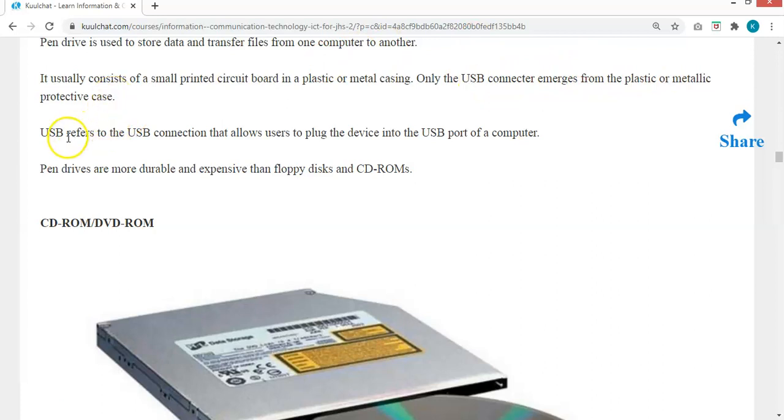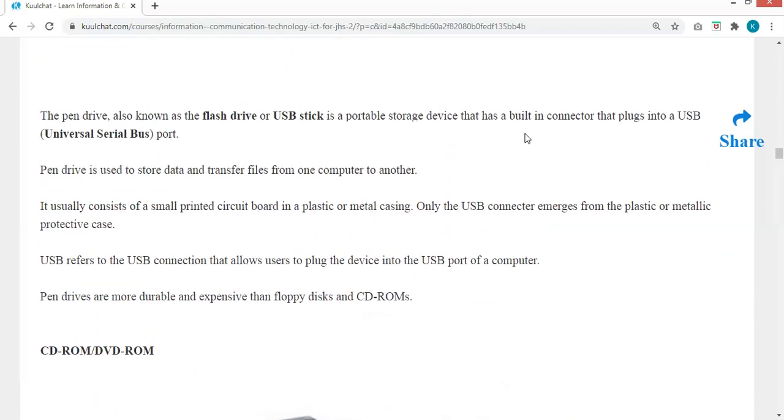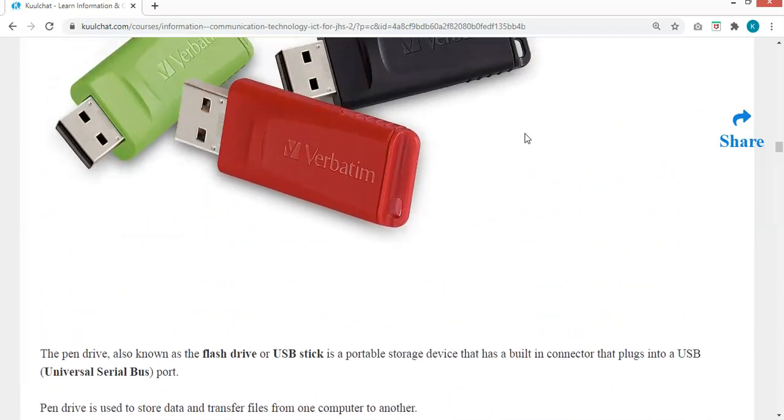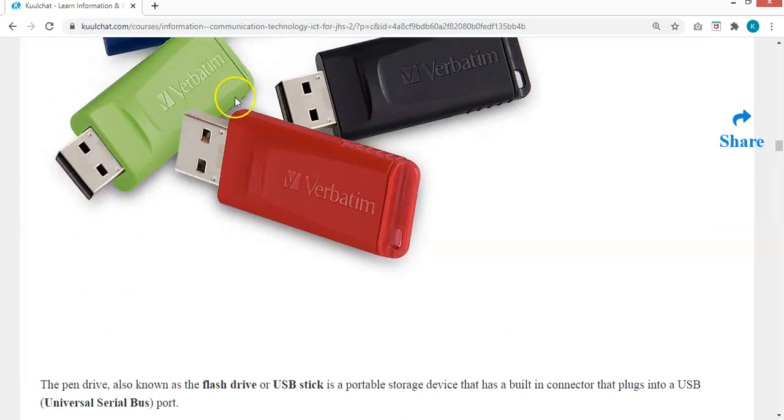Okay. Then USB refers to the USB connection that allows users to plug the device into the USB port of the computer. So the USB part you are seeing here is what enables us to insert into the USB port of the computer.